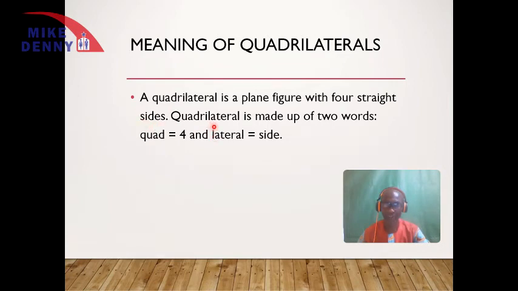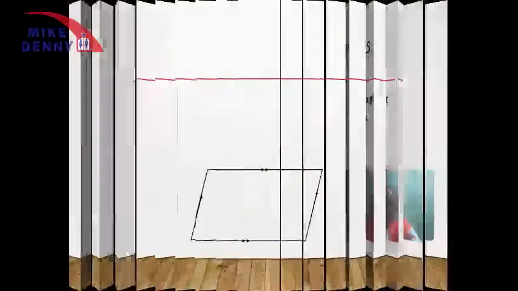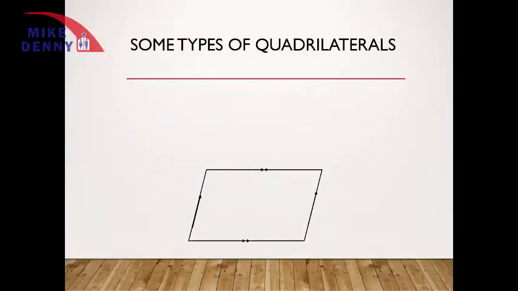So the word quadrilateral is made up of 2 words. Quad means 4 and lateral means side. So a quadrilateral, as I've said, is a plane figure with 4 straight sides. So having said this, we go to examine some types of quadrilaterals.